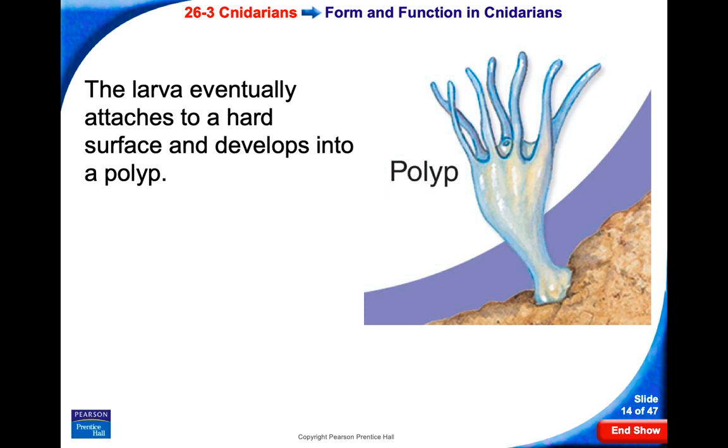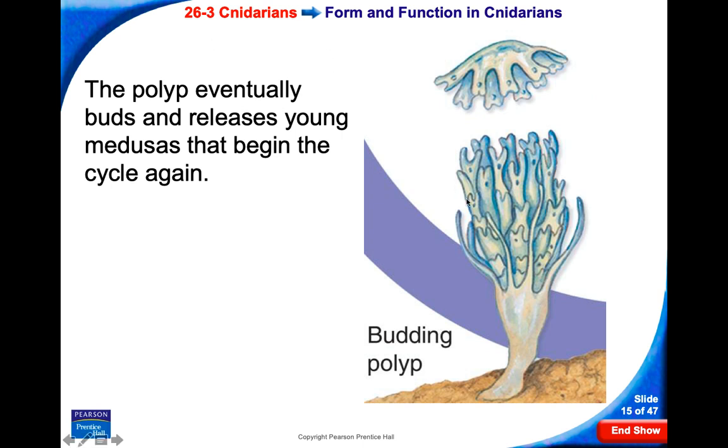Okay, that polyp will get bigger. Eventually, it's going to bud. Like you can see here, these are some buds coming off of the polyp. Each one of these is genetically identical. And then eventually, some of these buds might get released into the water as young medusas and grow up to be the big adult form medusas that we saw at the beginning of this life cycle.